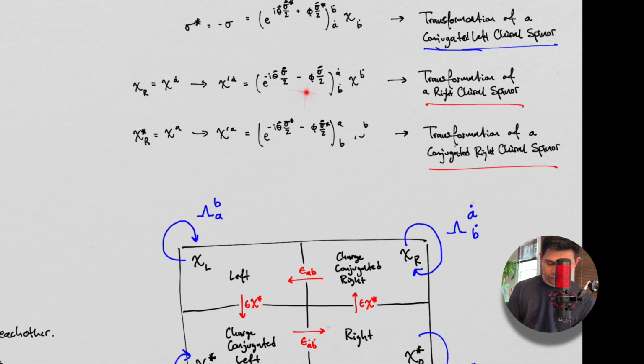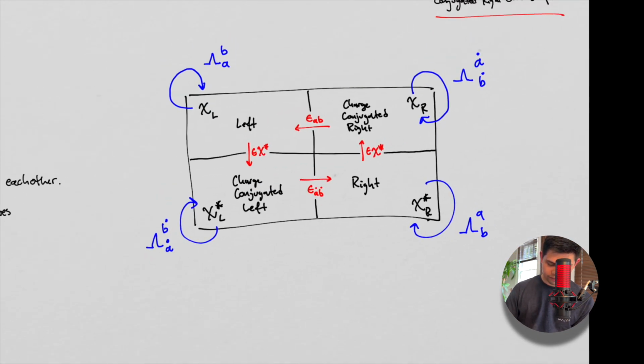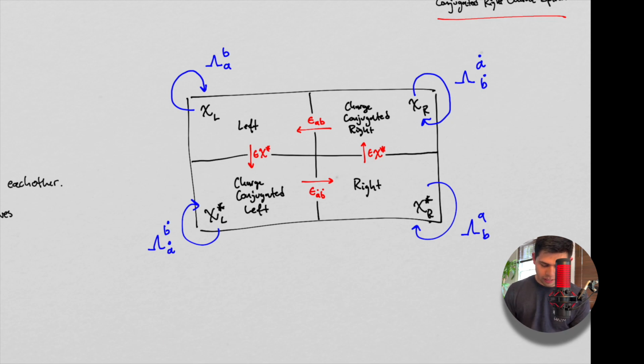Okay, so this is our transformation for a right chiral spinor and for a conjugated right chiral spinor. All right. Last but not least, I have this diagram. So we have left chiral, charge conjugated left, right chiral, charge conjugated right. And again, I talked about how you go from left to right chiral spinor. Well, you have to charge conjugate, then you get to the right chiral spinor.